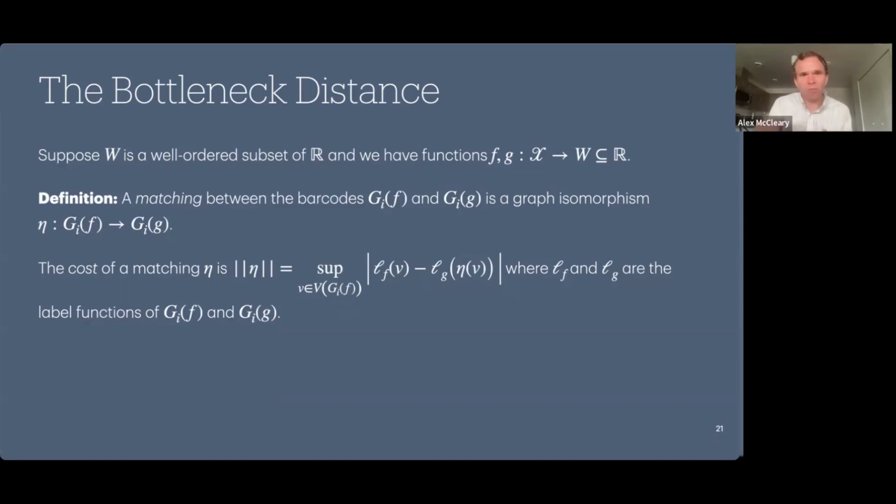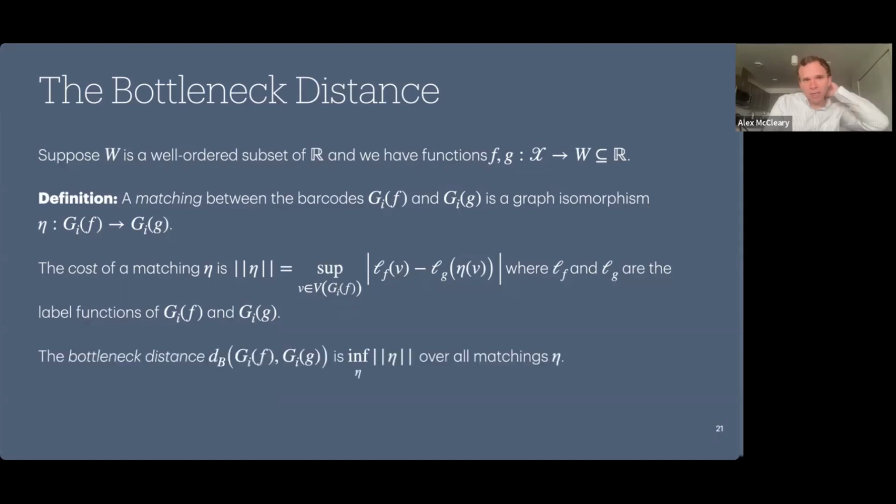We have a bijection between points, and so we can look at the difference in the label values between each paired points. And then we can take the supremum over all points. And then we can define the bottleneck distance as the infimum over all matchings of the cost of the matchings.